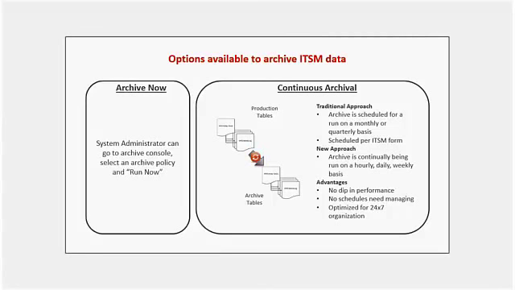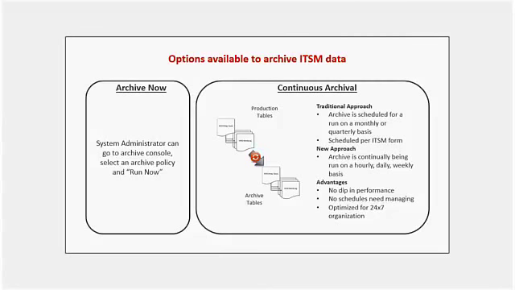The other option is the continuous archival. Now, the traditional approach, as I mentioned, is scheduled based on a calendar and a time, and it's per form. The new approach is continually being run on a periodic basis, whatever a customer so chooses, and it will archive the parent and the child based on the policy. Okay?